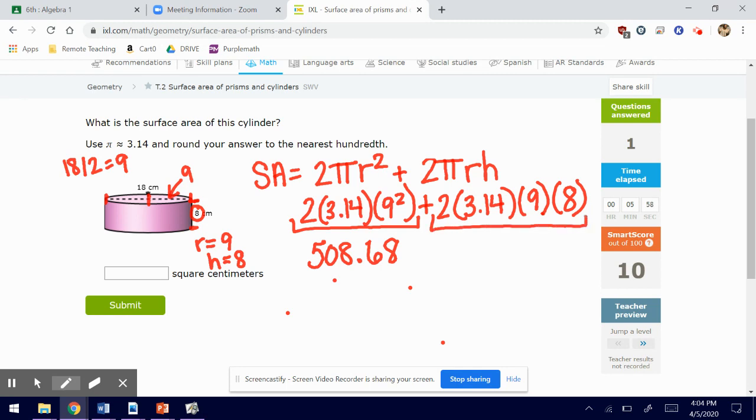Now I'm going to type this part into my calculator. 2 times 3.14 times 9 times 8. And that gives me 452.16.